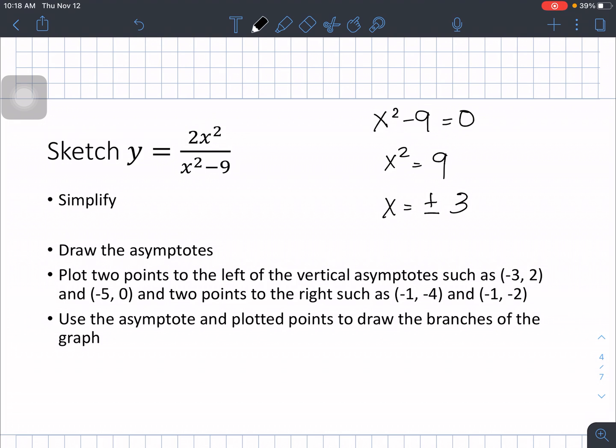Next one is the horizontal asymptote. Comparing the two, they have equal degrees. The degree is 2, and the degree is 2 also. So we need to divide their numerical coefficients, and the horizontal asymptote will be equal to 2 divided by 1, which is equal to 2.